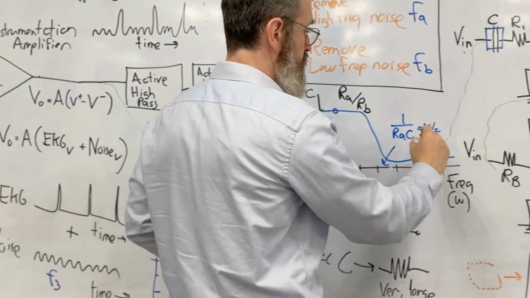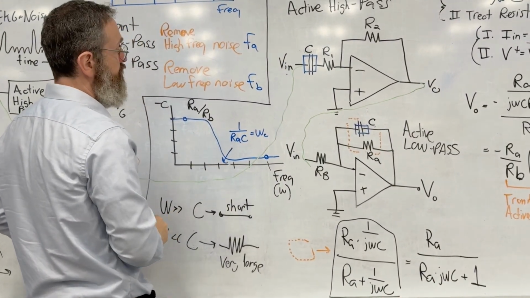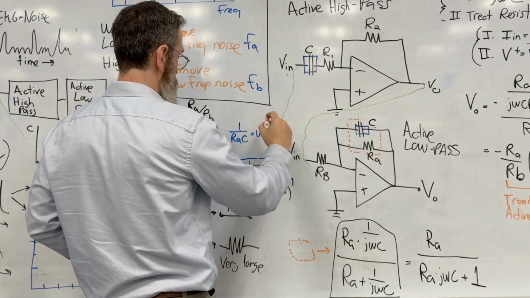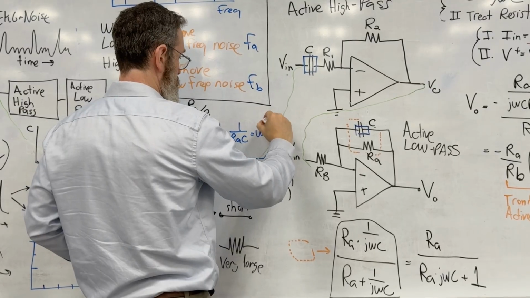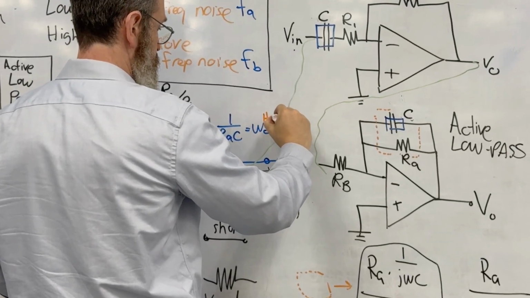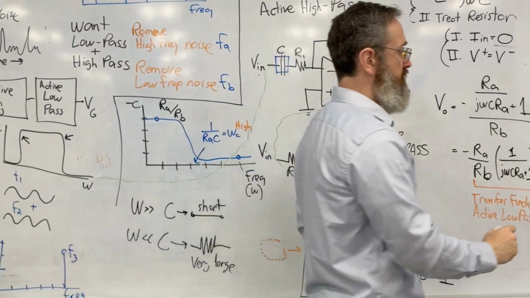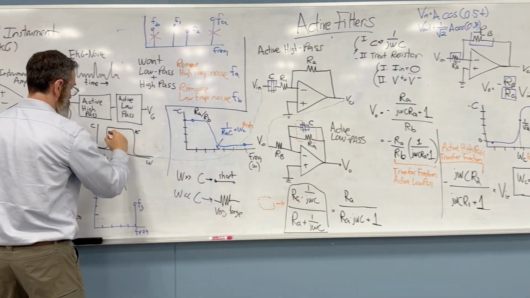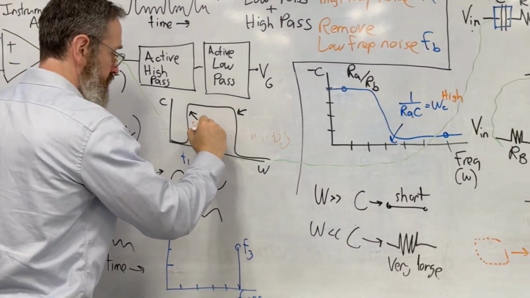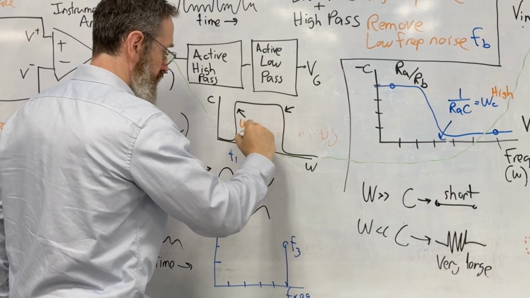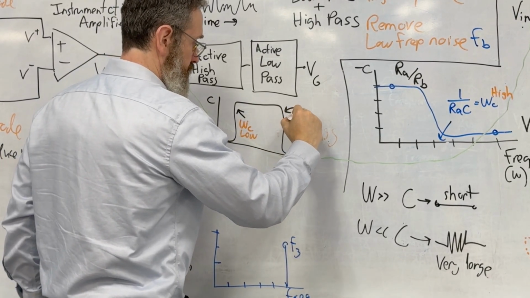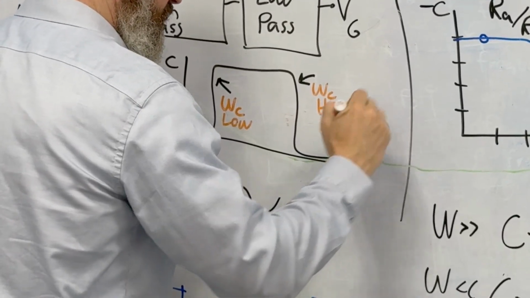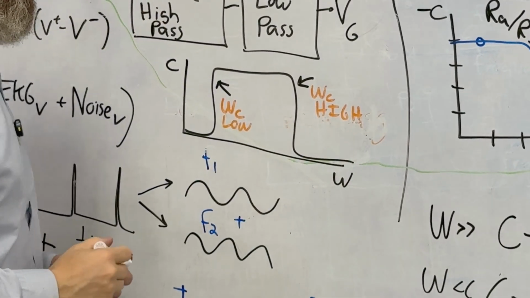Let's call this WC high, and therefore this was WC low. And so here we have our WC low and our WC high. That's where they come from.